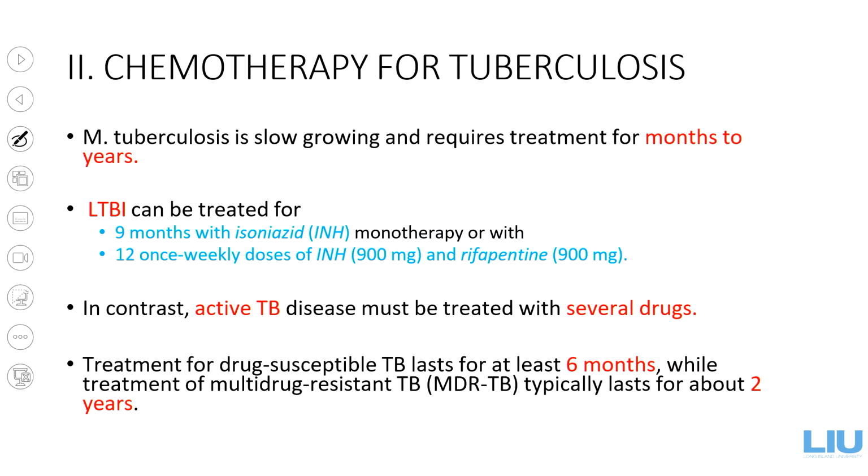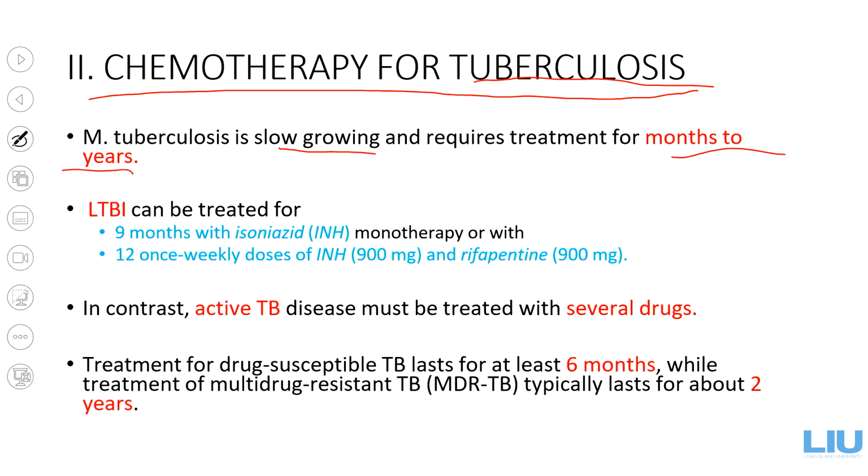Okay, so next, that was a brief introduction, but now we're going to talk about the chemotherapy for tuberculosis. As I said, we'll talk about tuberculosis and then the Mycobacterium leprae, for leprosy. All right, so to start with, as we mentioned, those bacteria grow slowly, which means that their treatment requires months to years. Now, we also have the LTBI, the latent tuberculosis infection.